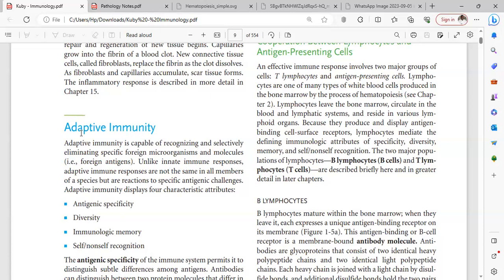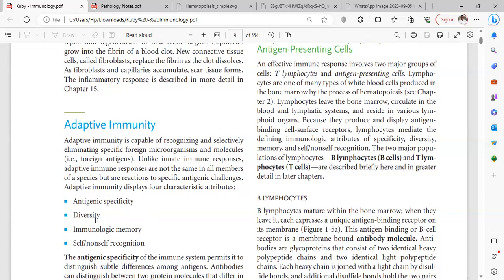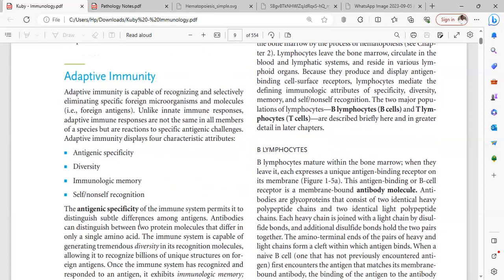It is also referred to as acquired immunity. It has four characteristics: antigenic specificity, which I've talked about, diversity, immunological memory, and self and non-self recognition.